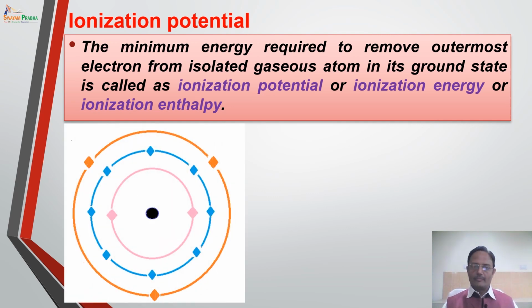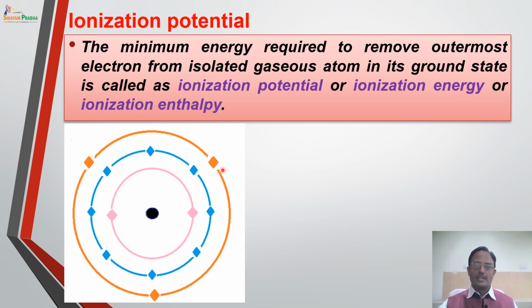Consider any atom. Now if I want to remove electron from this atom, the most easily removable electrons are the outermost shell electrons because they are the most loosely bound electrons. Each of these electrons is under the influence of attractive force from the nucleus.